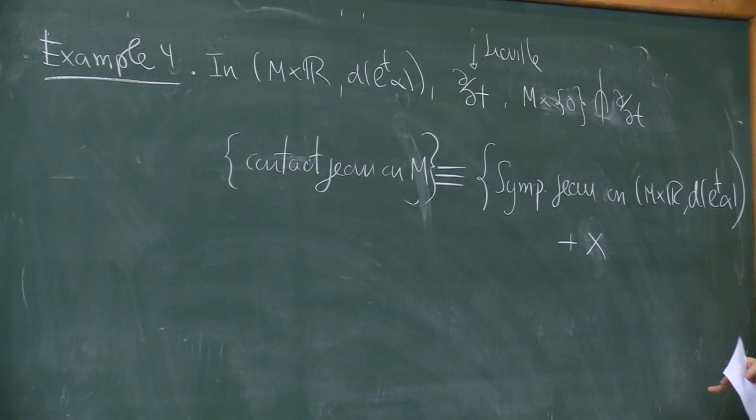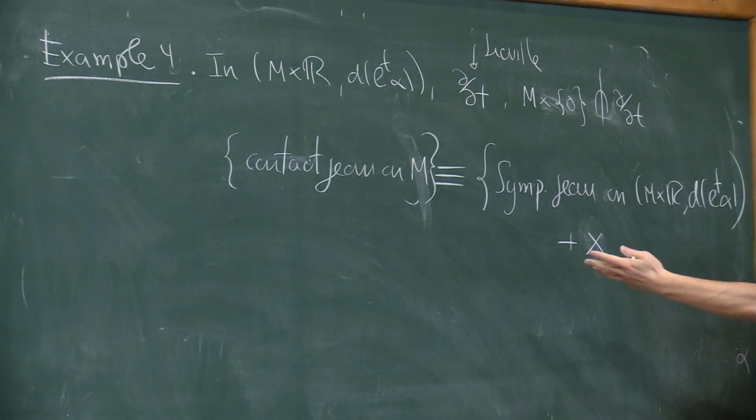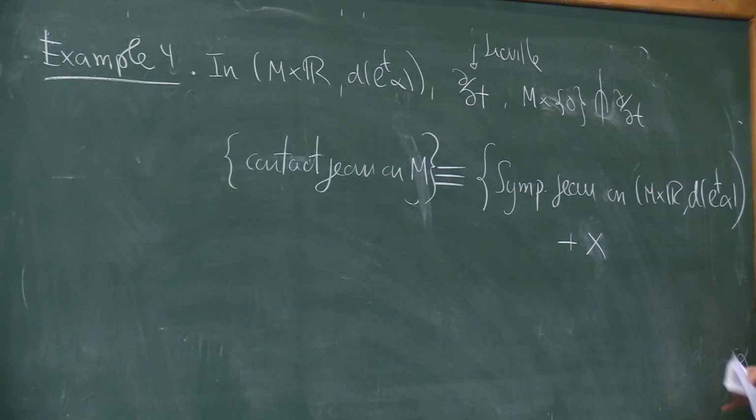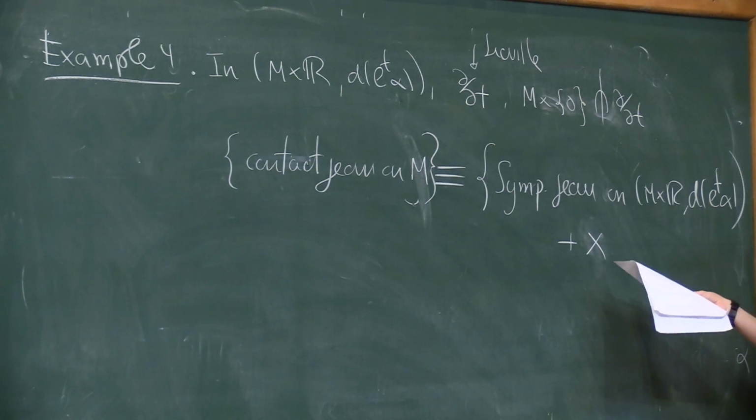So you cannot solve any problem in contact topology by solving it on the symplectization. However, the symplectization is extremely useful for some questions. For instance, I think that Vinny will discuss a version of contact homology on Friday that uses pseudo-holomorphic curves in the symplectization of a contact manifold. So that's one nice use of the symplectization of a contact manifold.